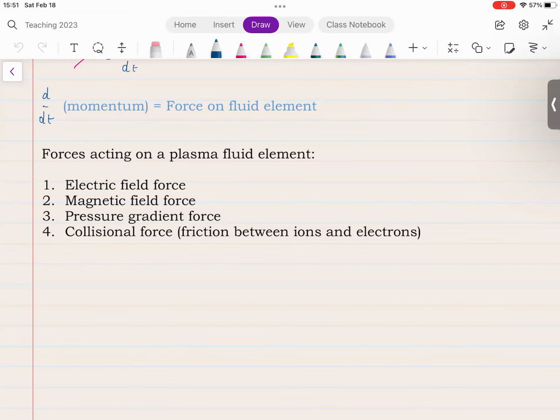Oh, I'm also throwing away the gravitational force, because in most plasmas for fusion applications, especially, this is not going to matter. It may be more important in systems like dusty plasmas.